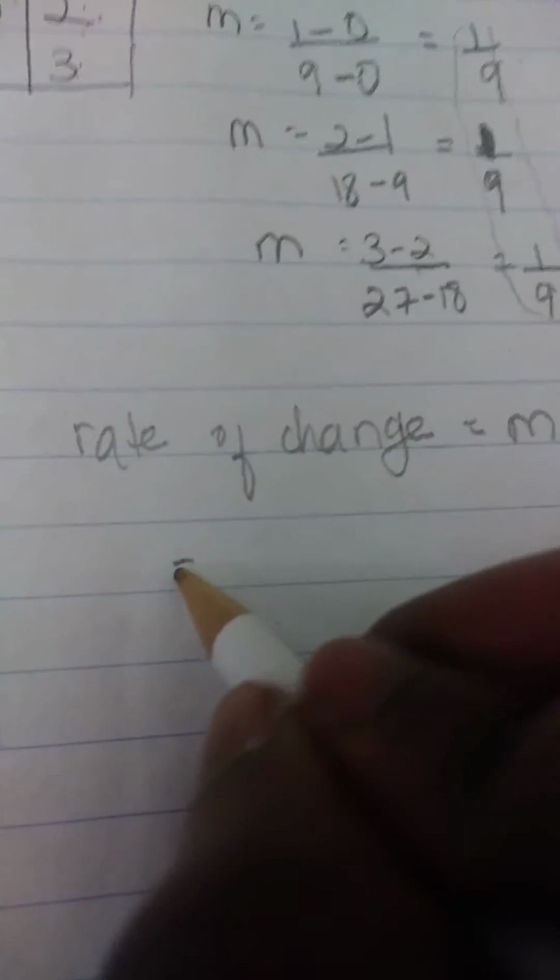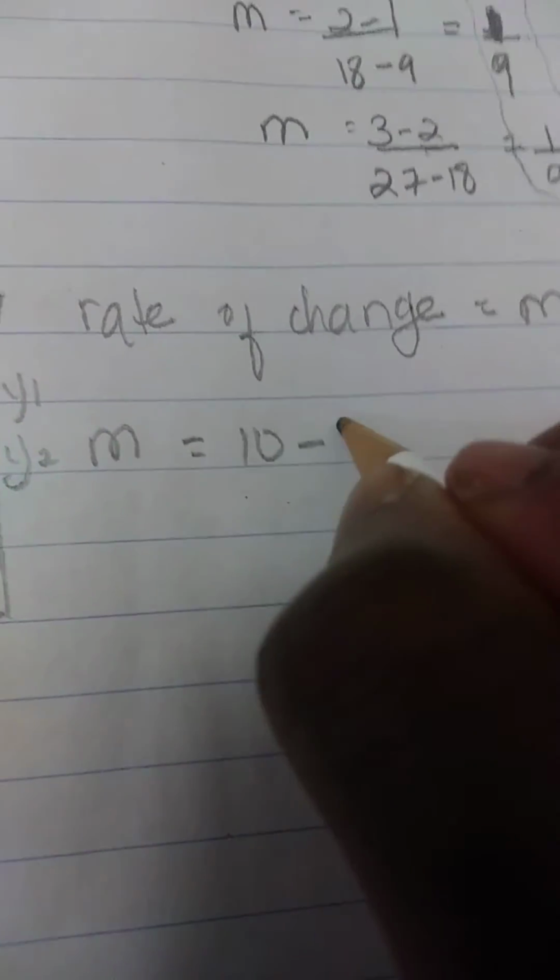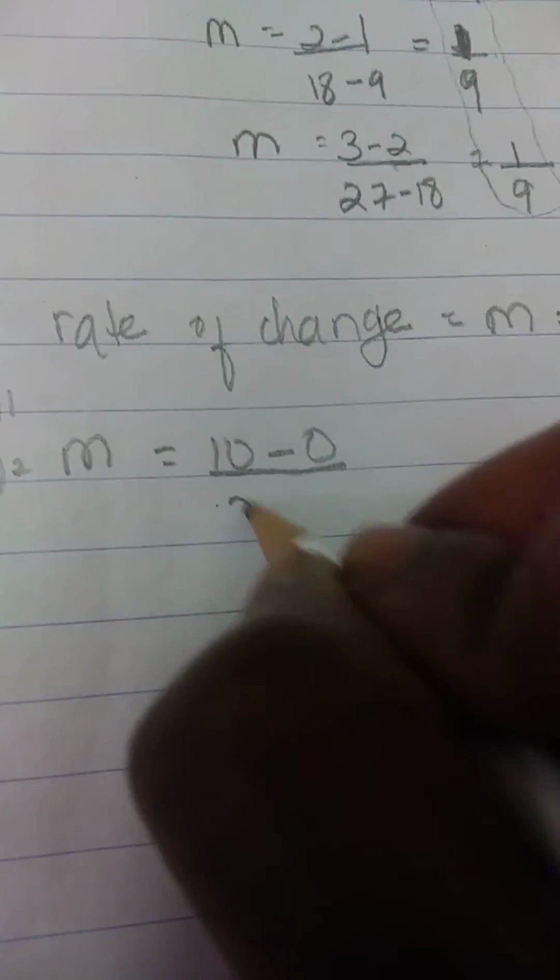My constant rate of change, my rate of change is m, which is y2 minus y1 over x2 minus x1. Okay, so my m for the first set, this becomes my y2, that becomes my y1, this becomes my x2, that becomes my x1. So it's going to be 10 minus 0 over 2 minus 0.